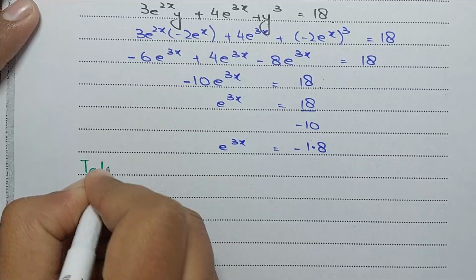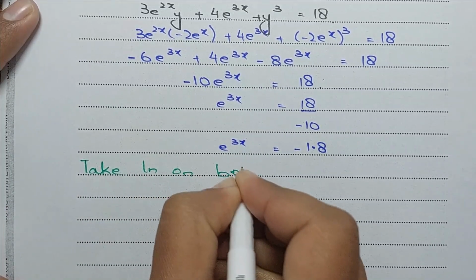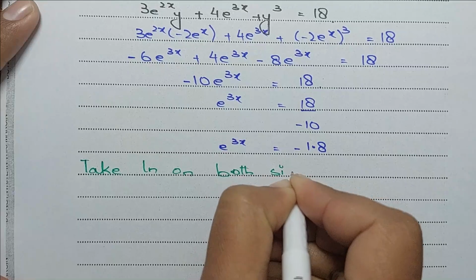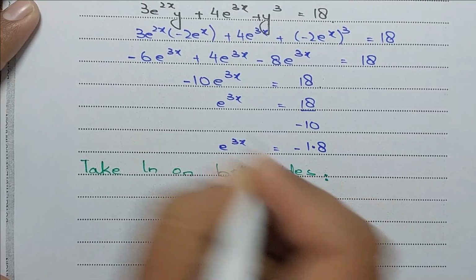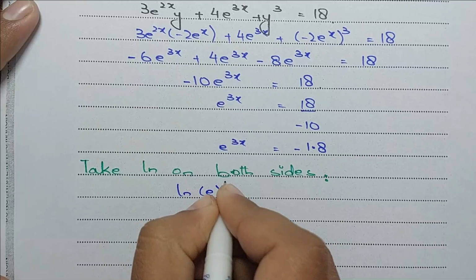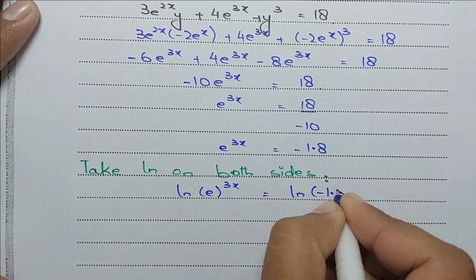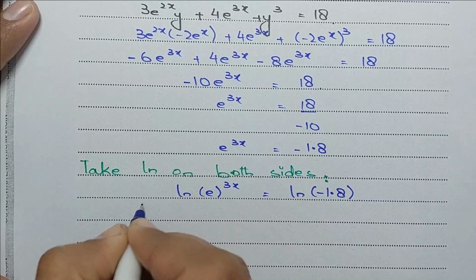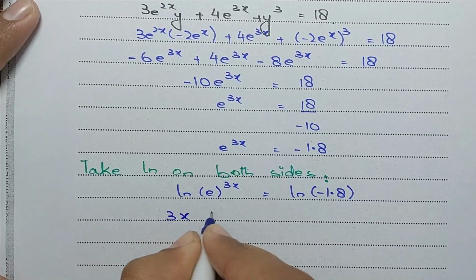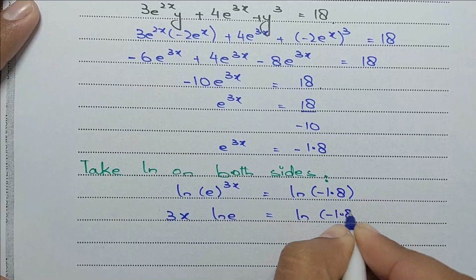Take ln on both sides. To solve for x, we have to take natural log on both sides to get rid of this e, right? Okay, so natural log of e to the power 3x is equal to natural log of a negative number, which does not exist. So the power comes before the log: 3x natural log of e equals natural log of minus 1.8.